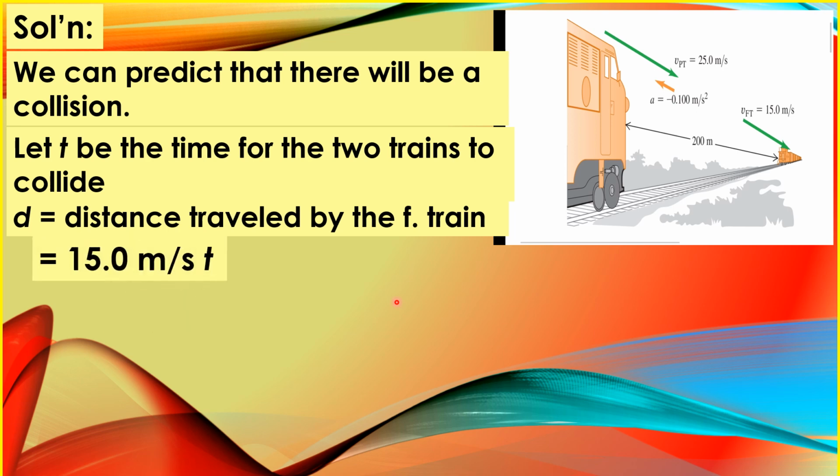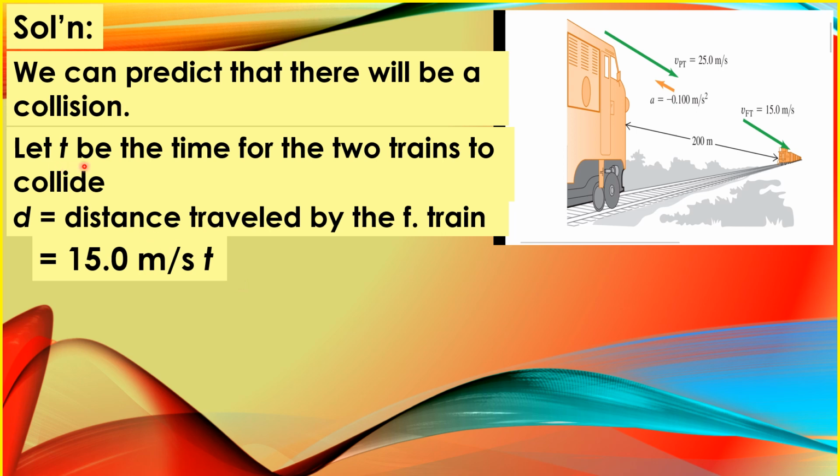Now, that distance d can already be expressed in terms of the constant speed of the freight train, which is 15.0 meters per second, multiplied by the time t.